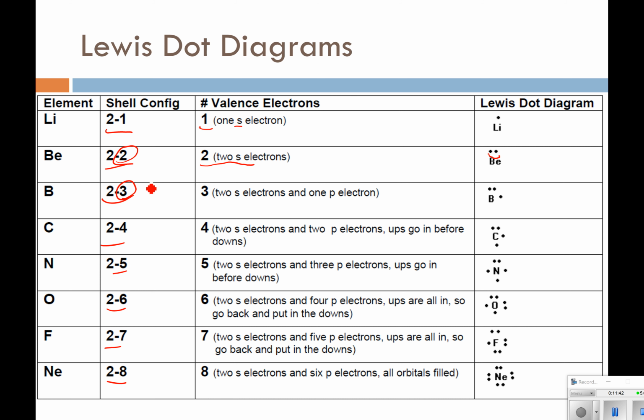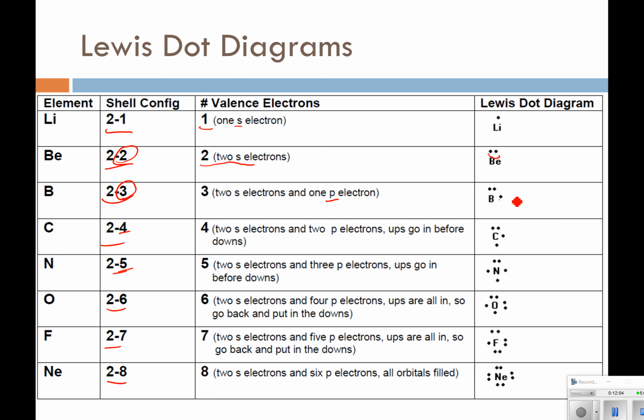Now, as we increase the valence electrons, we're going to put an electron in the p sublevel, in one of the p orbitals, of which there are 3. So we see the first one filled here. And as we move left to right across the table, we have an increase in the number of valence electrons each time.